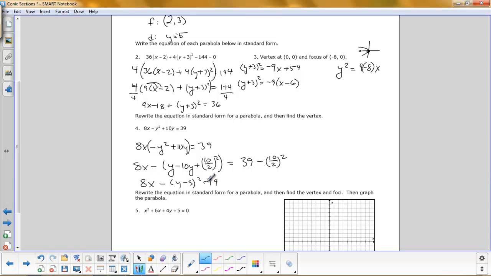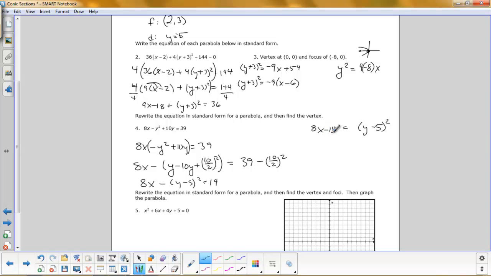So I'll go ahead and move that to the other side of the equation, and I get 8x minus 14 equals y minus 5.